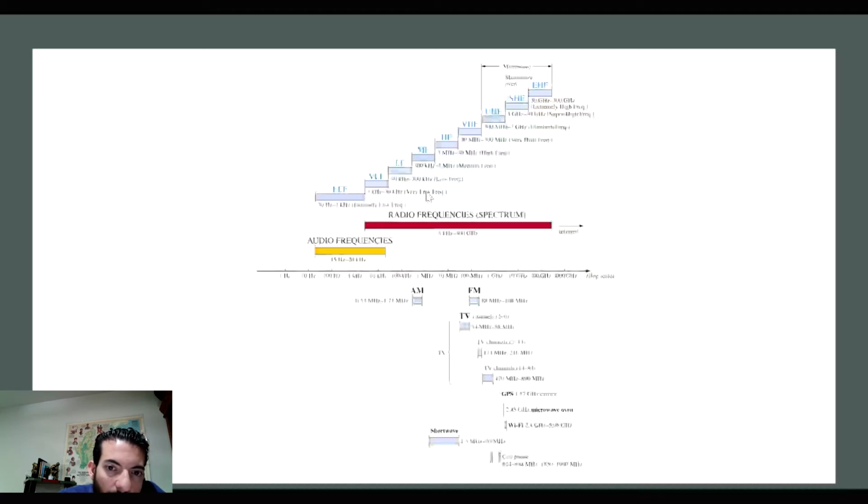VLF, which is very low frequency, which is about the beginning range in radio waves. We have low frequency waves, which is between 30 kilohertz and 300 kilohertz. We have medium frequency, which is 300 kilohertz to 3 megahertz. We have high frequency, which is 3 megahertz to 30 megahertz.